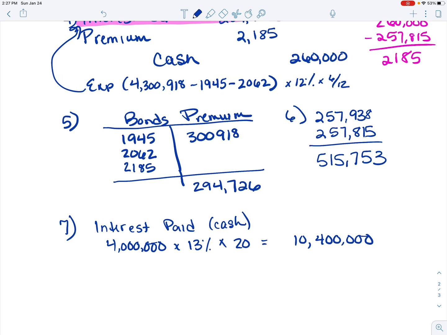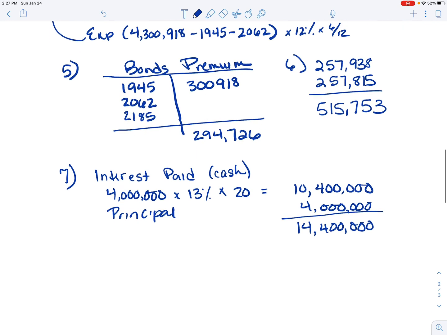Next, we have to pay back that $4 million, right? So we're going to pay back the principal. So a total amount we're going to pay back is $14,400,000. We're going to compare that to our cash we received.